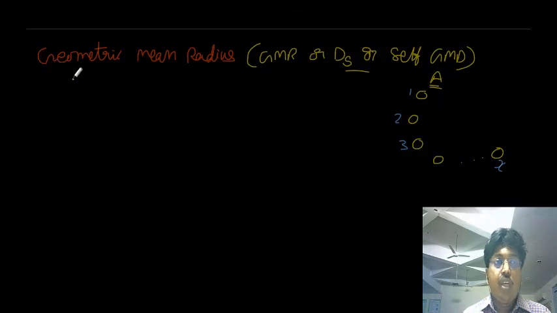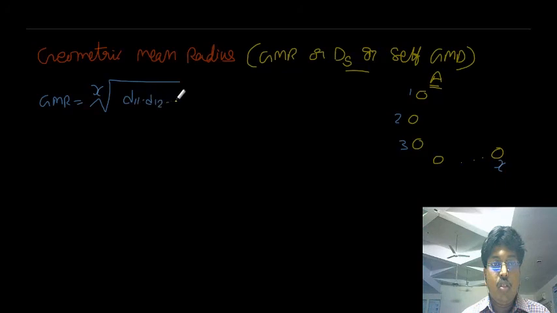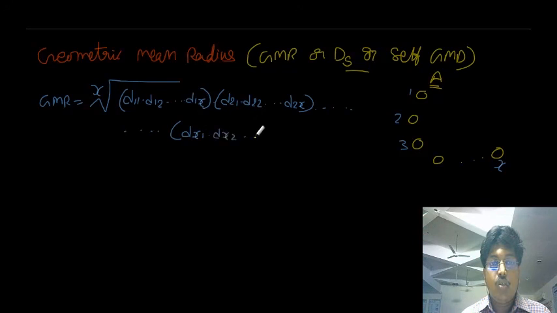Mathematically, the expression can be written as GMR equals the x squared root of d11 into d12 into so on up to d1x, into d21 into d22 into so on up to d2x, and so on, up to the products dx1 into dx2 into so on up to dxx.